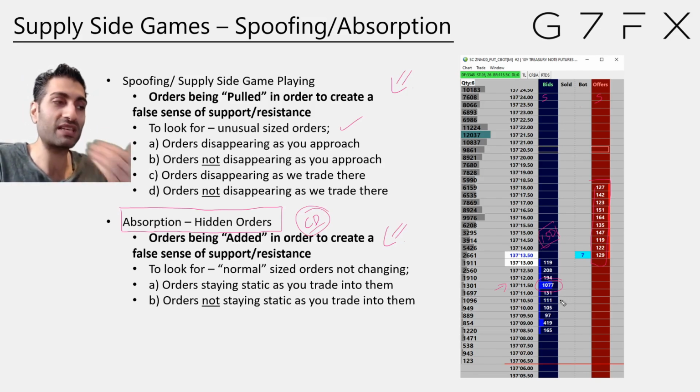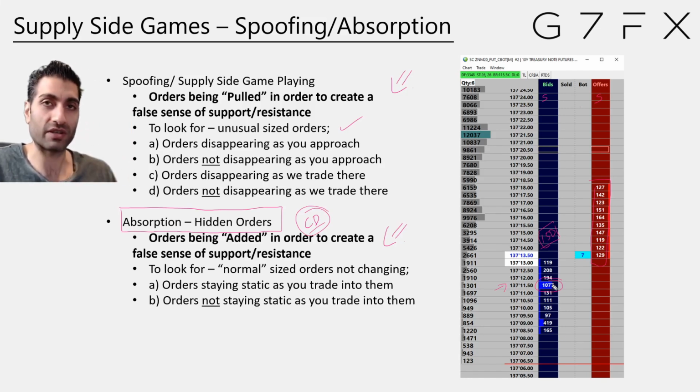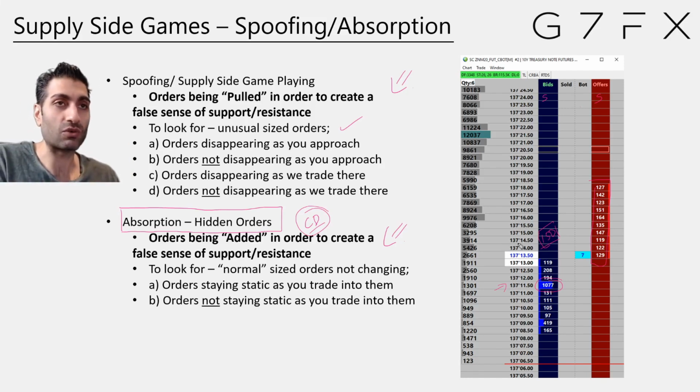But what is typically happening with spoofing, and go and look this up, guys, on YouTube, Google it, is that there was the famous event with the Hound of Hounslow, which caused a flash crash, or allegedly. What they were saying he was doing is showing things like this, 1077, and as the market approached, guys, he'd cancel it. It'd go down to 100. So you'd know probably about 900 to 1000 was just fake.